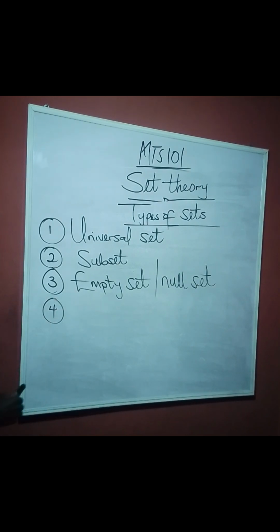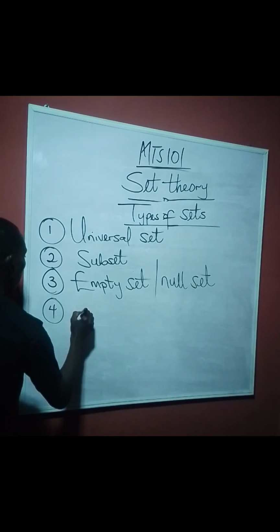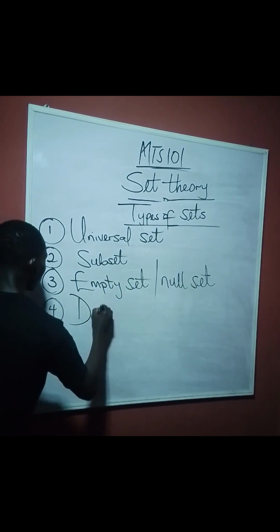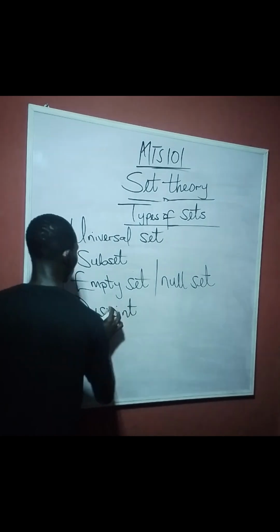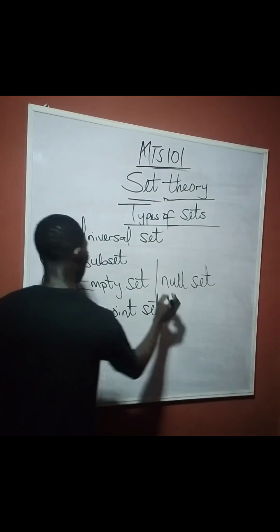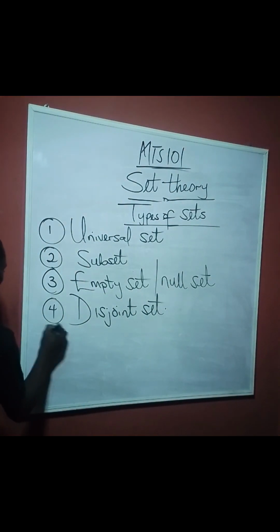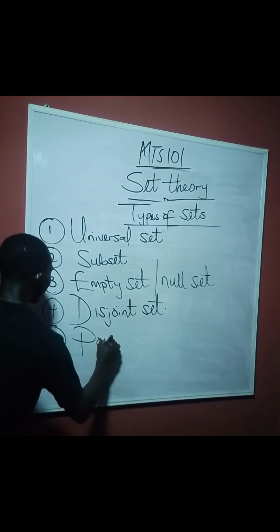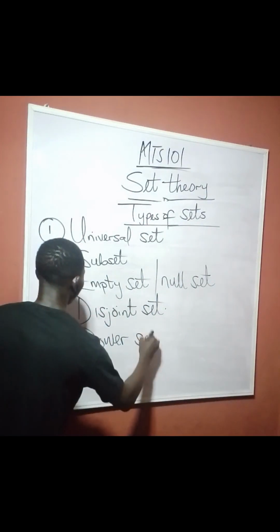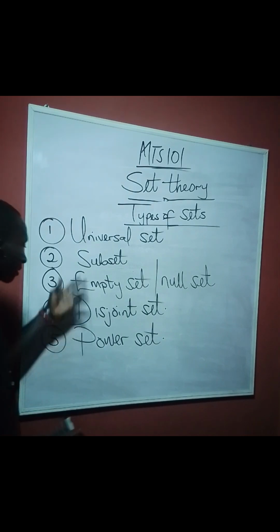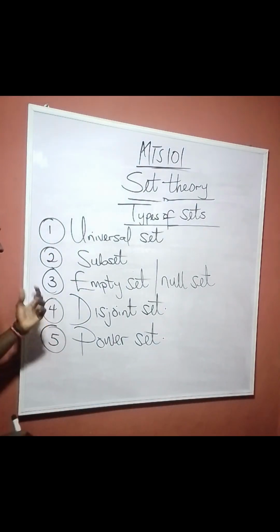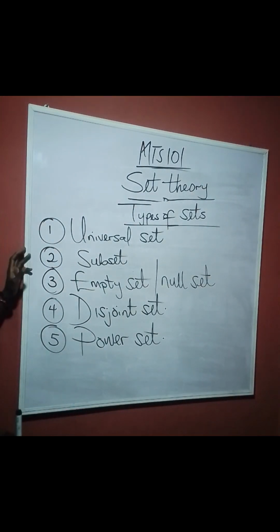The fourth, we have what we call a disjoint set. We have what we call a power set. So let's just talk about these ones for now. The types of set: universal set, subset, empty set, disjoint set, and power set.